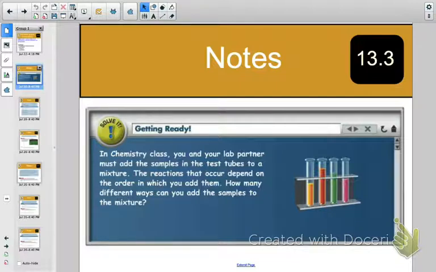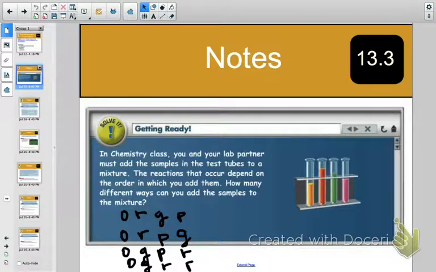If you want to do orange first, then we can do red, green, pink, or you can do orange, red, pink, green, or you can do orange, green, pink, red, orange, green, red, pink, or orange, pink, green, red, orange, pink, red, green.